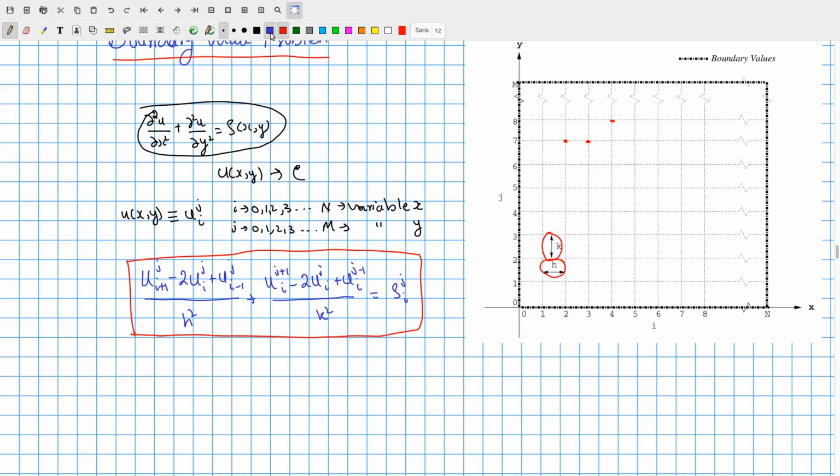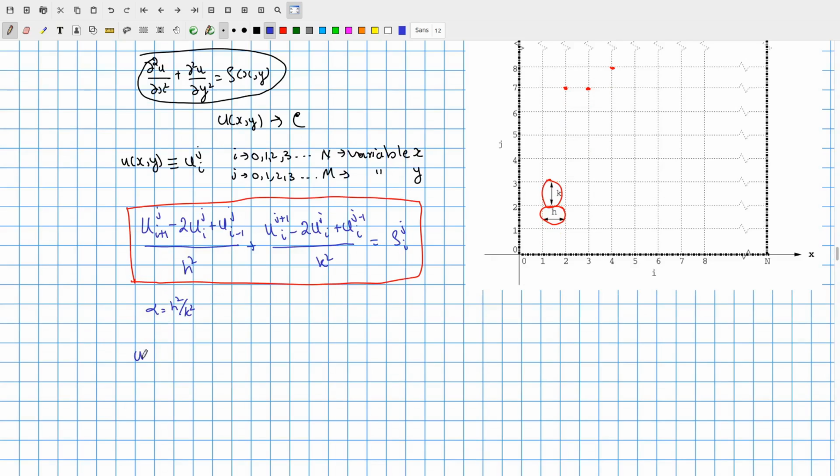We can do a bit of jugglery, rearranging this equation. If I introduce a term alpha equal to h square by k square, we can rewrite this equation as u of i plus 1 j plus u of i minus 1 j plus alpha times u of i j plus 1 plus alpha times u of i j minus 1 minus 2 times 1 plus alpha times u of ij equals h square rho of ij.